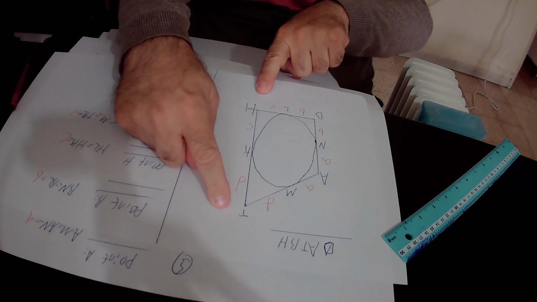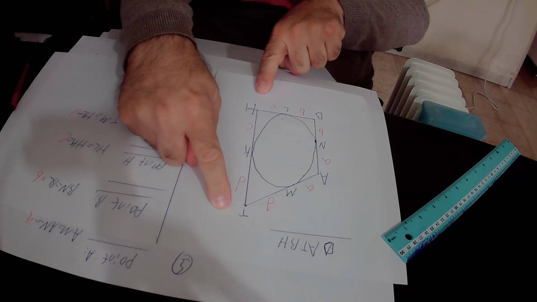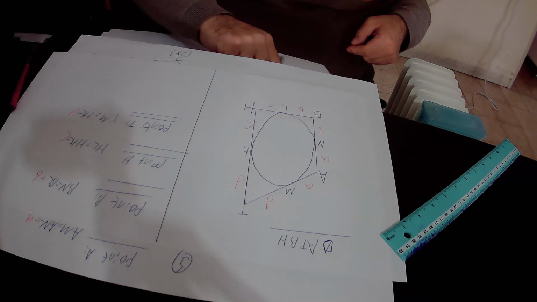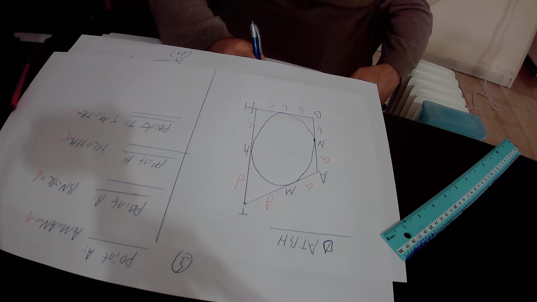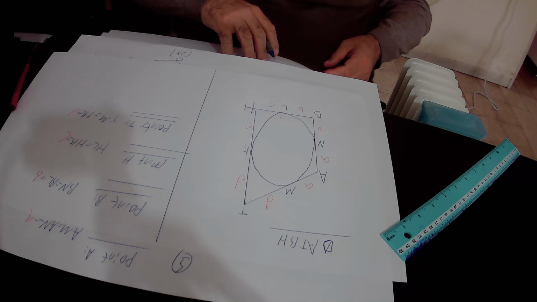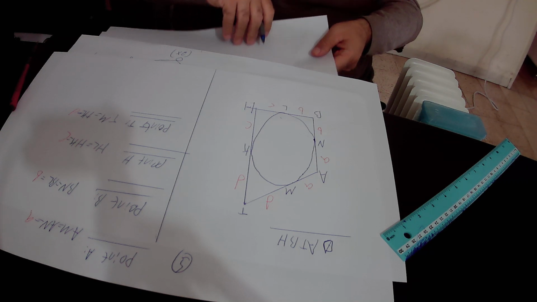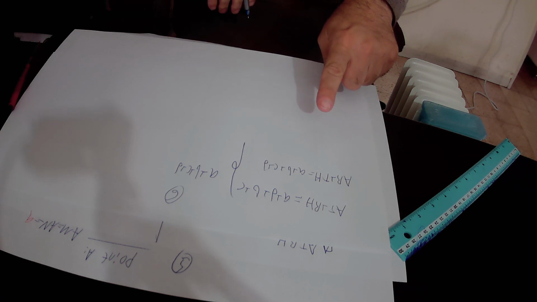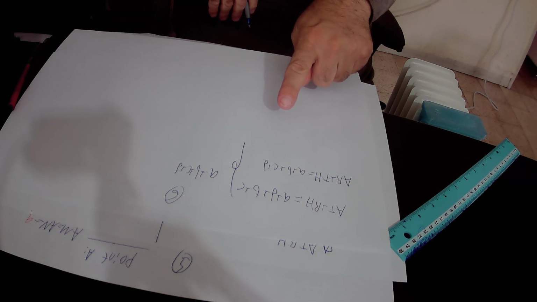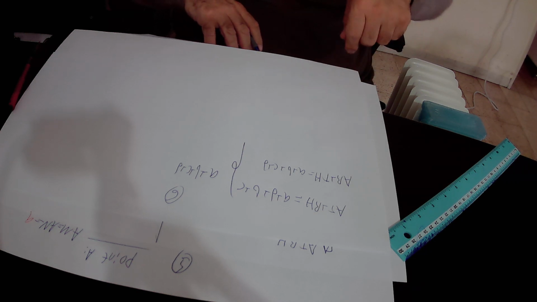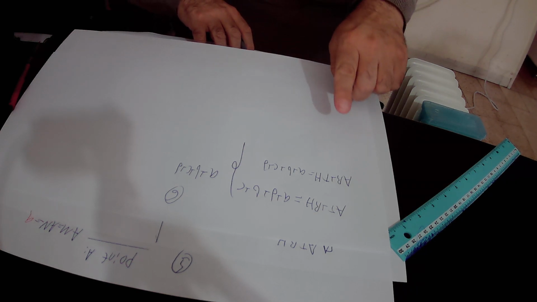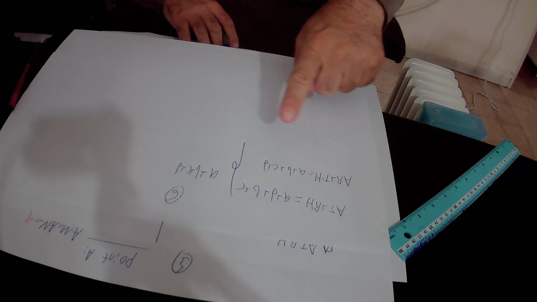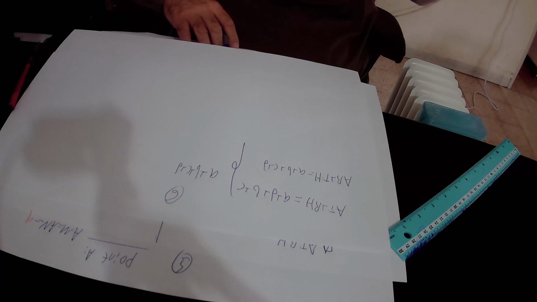It is very easy to see that TH equals C plus D. So in total, side AB plus side TH equals A plus B plus C plus D, exactly the value of the expression of AT plus BH. It also equals A plus B plus C plus D.